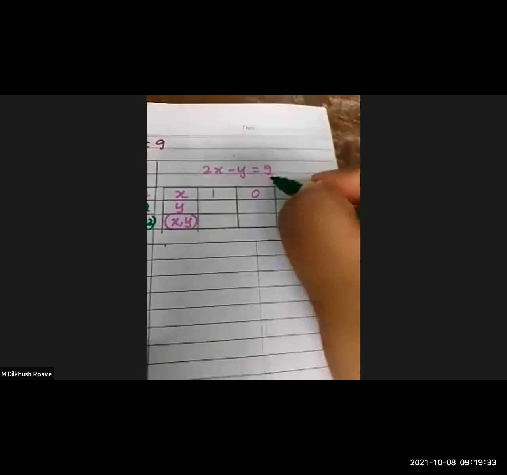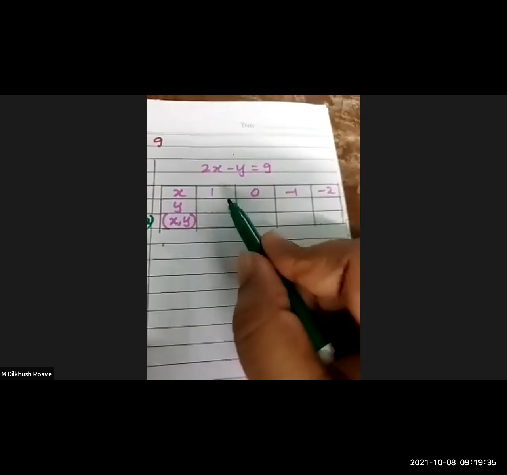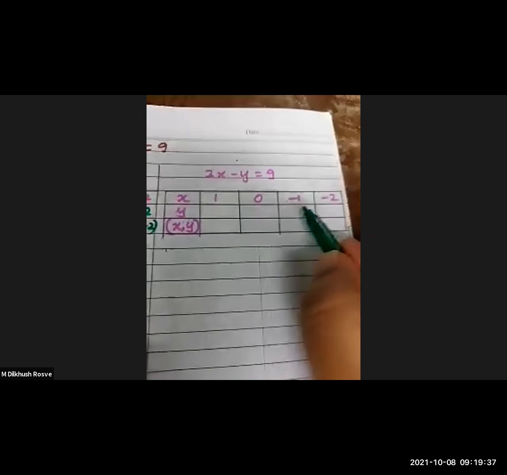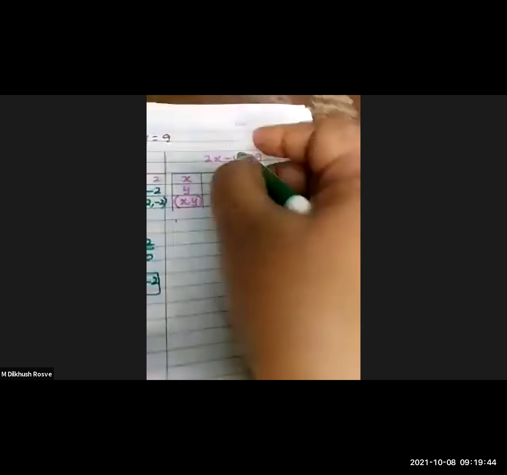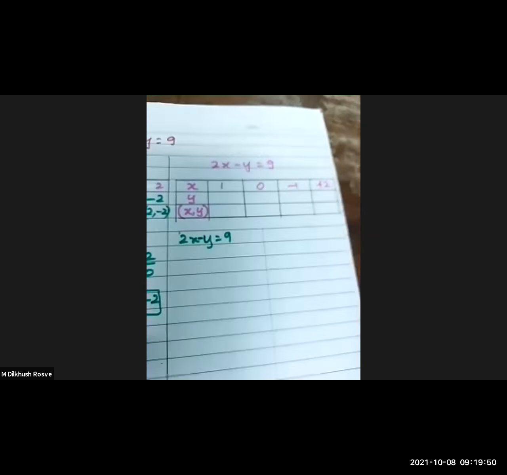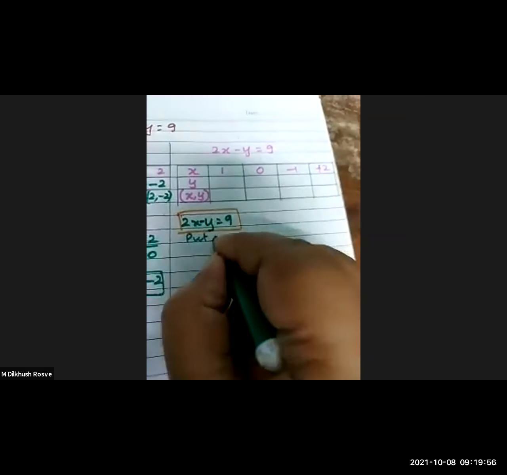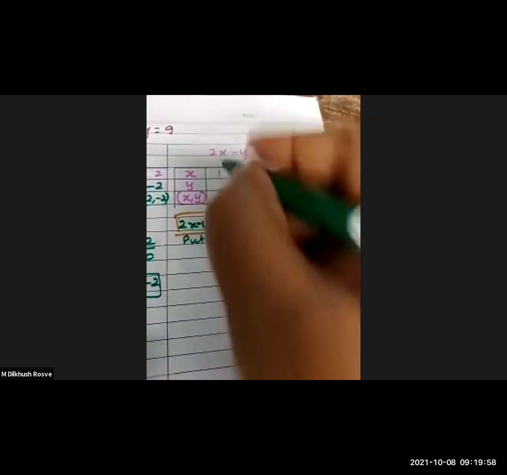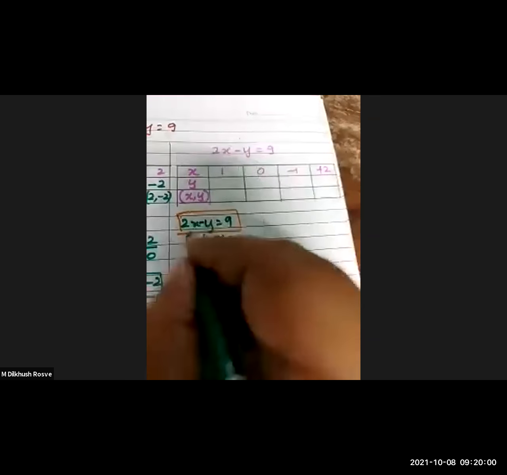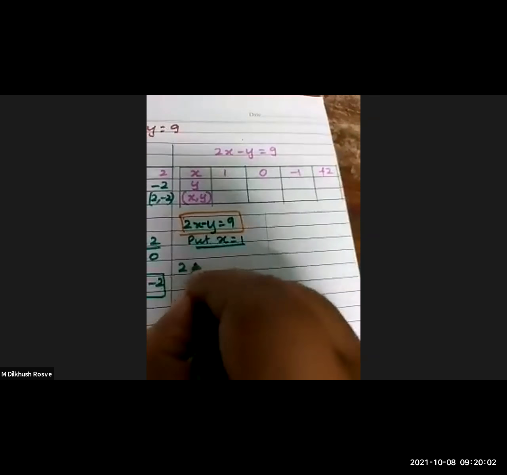See here, 2x minus y equal to 9. So for the x variable, I have taken the values 1, 0, minus 1, and 2. Now you see, write this equation first. 2x minus y equal to 9. Put x equal to 1. In x place, you have to write 1.